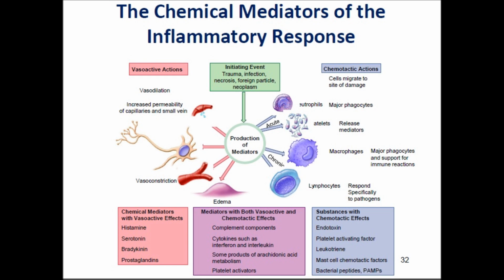That means you have some cells, like I showed you the mast cells, releasing mediators over here, and then you have major phagocytes that come in, macrophages. We talked about those, the biggest cells. Those are the ones that can actually engulf these microbes. And you have a lot of cells migrating through vasodilation.